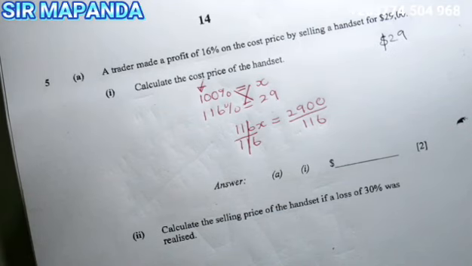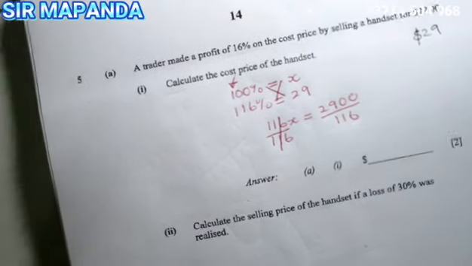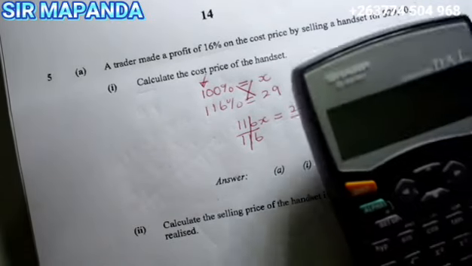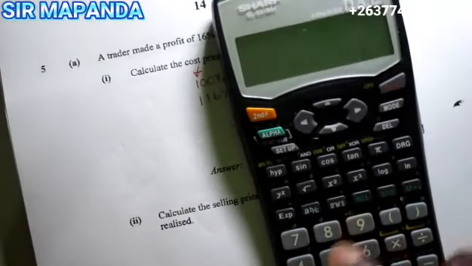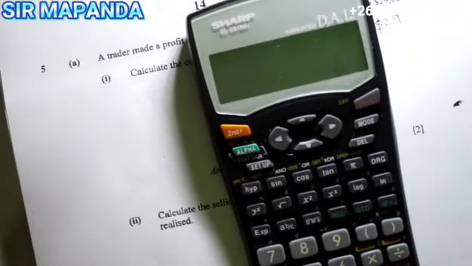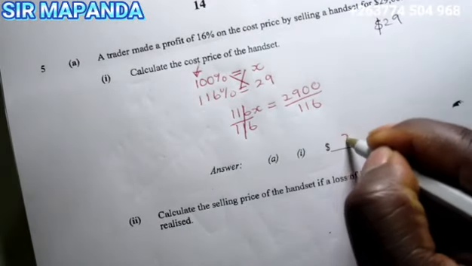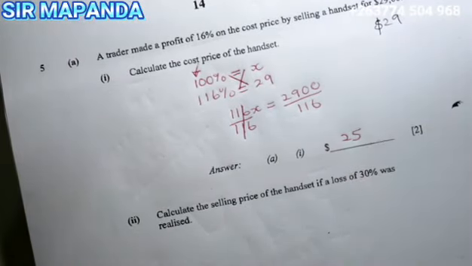So what do you get when you divide by 116? Right, 2,900 divided by 116, you get $25. So the cost price is $25.